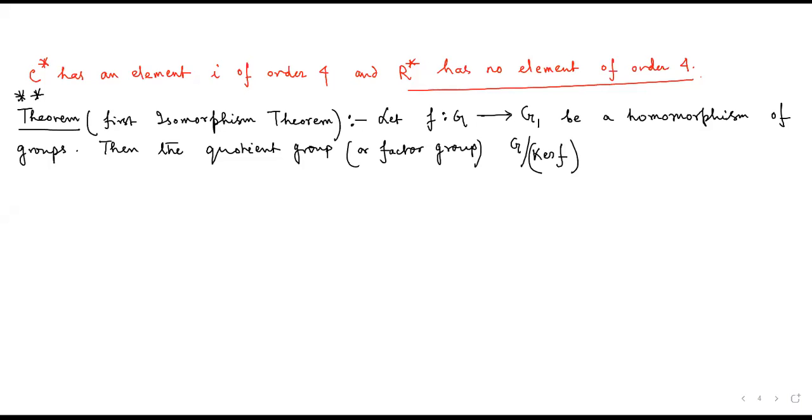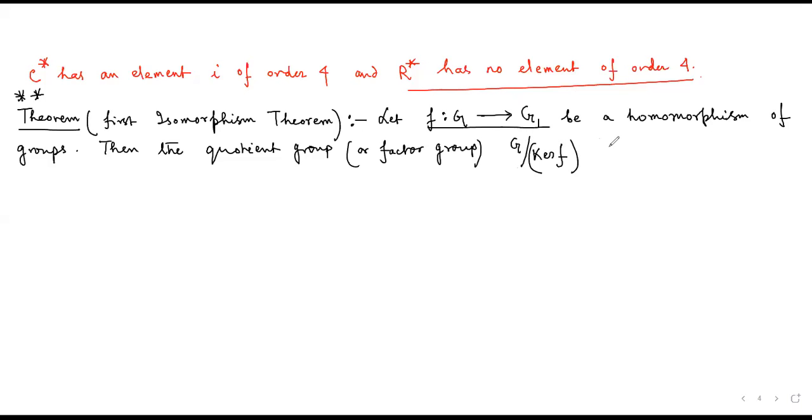So the kernel of F, this particular set, you can say that this set is a normal subgroup of the group G. If we can define a function like this, and define the kernel of F, then it can easily be proved that the kernel of F is a normal subgroup of G. And as it is a normal subgroup, we can define a quotient group of this form.